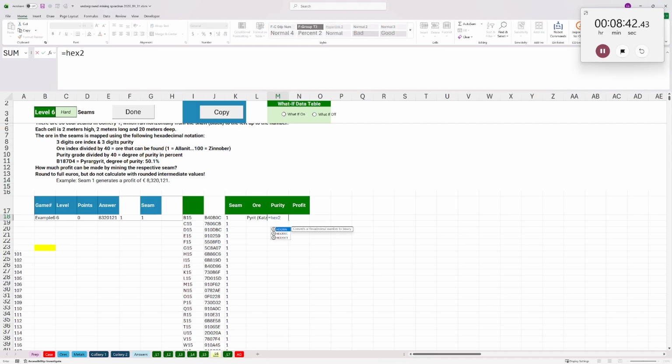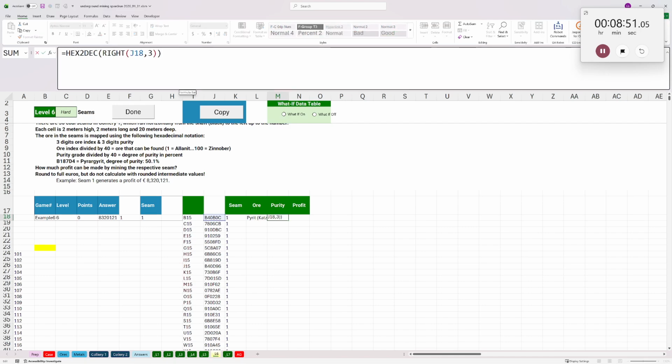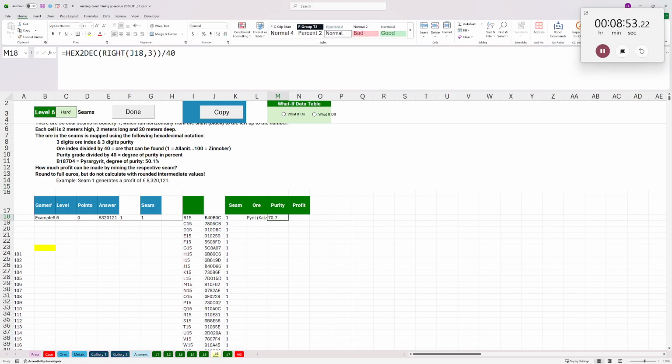Purity is hex to des of the right 3 digits of this, divided by 40. Actually, let's do divided by 4,000 because it's got between 0 and 1, right? So then the profit per cubic meter is just this.